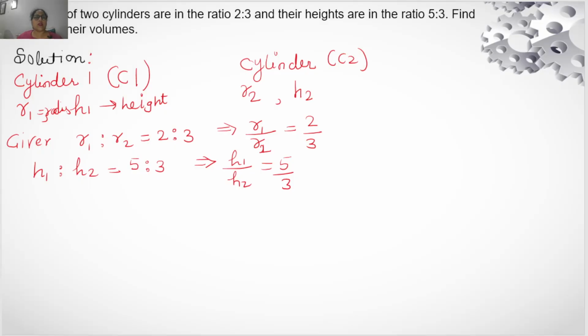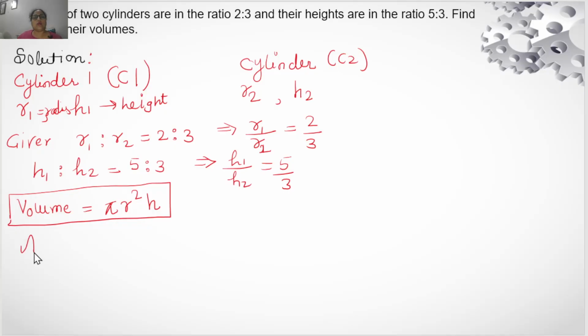Okay. Now we all know the volume of cylinder. If we talk about the formula for volume, so volume is pi r square h. This is the formula. So according to the question, the very first thing we will find out is volume 1 upon volume 2.